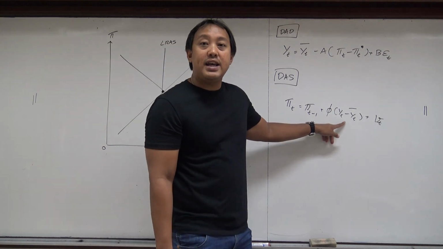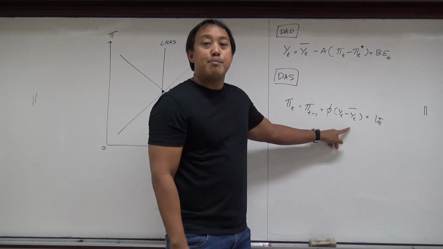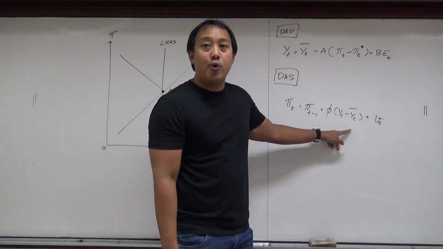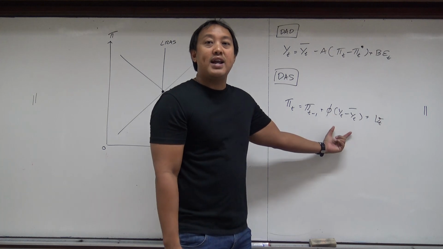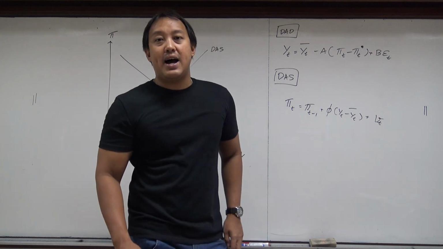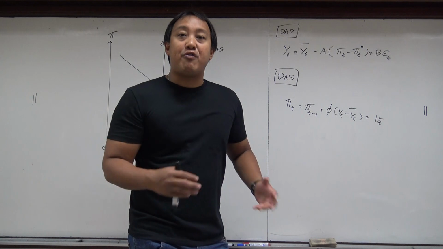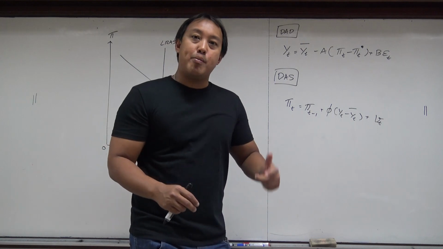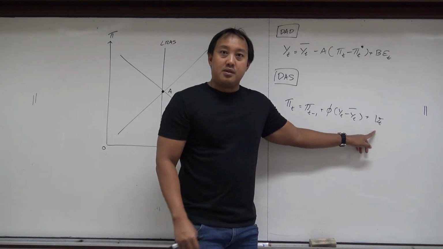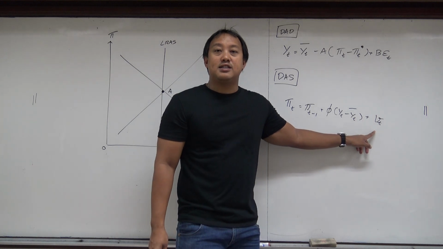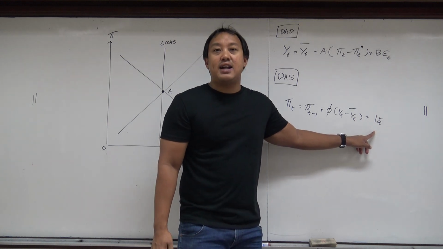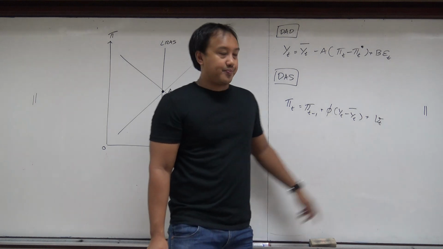Inside the bracket, Yt is GDP today minus Yt bar, the GDP at the full employment level. Together, this bracket shows how the economy performs, whether the economy is good or bad. And vt is a supply shock, any factor that affects the cost of production.